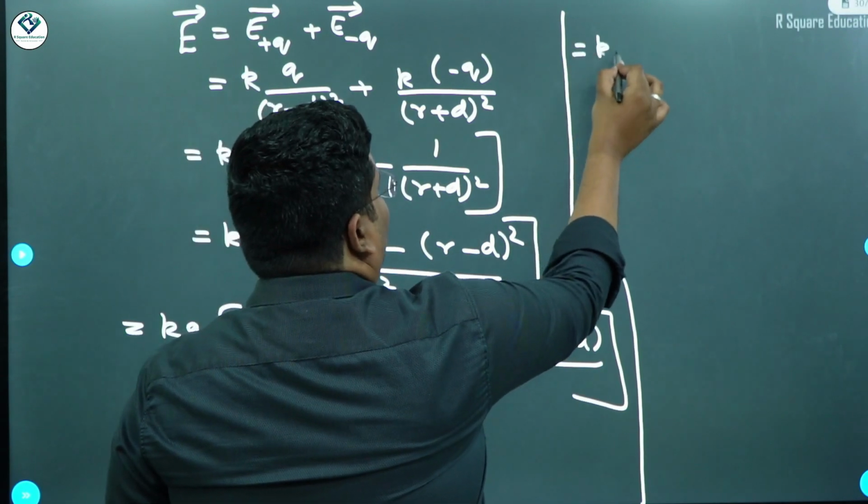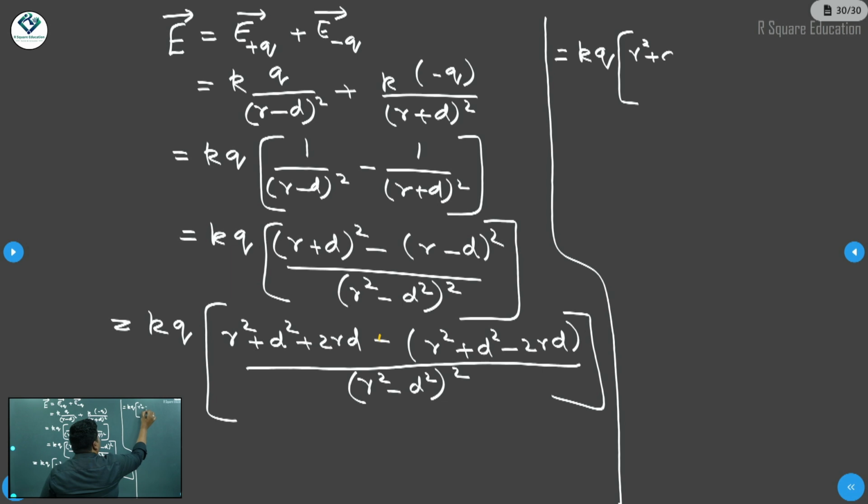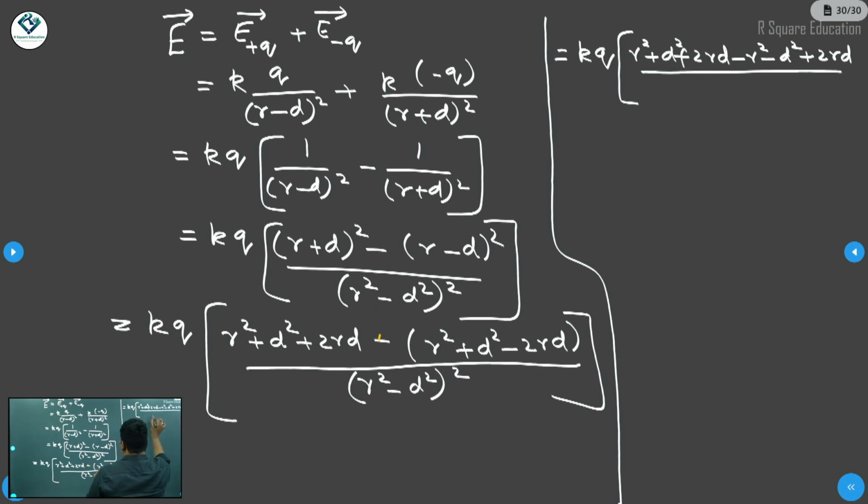So it's going to be KQ, R square plus D square plus 2RD, minus R square minus D square plus 2RD. Correct? Whole divided by R square minus D square whole square.